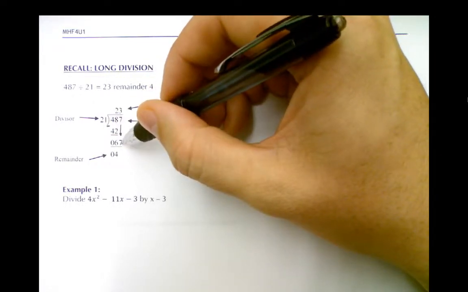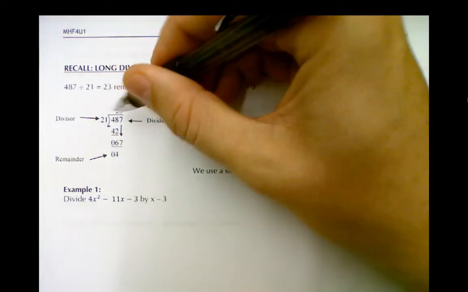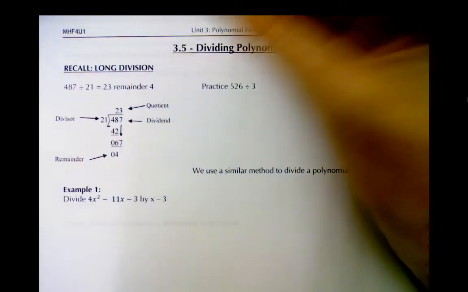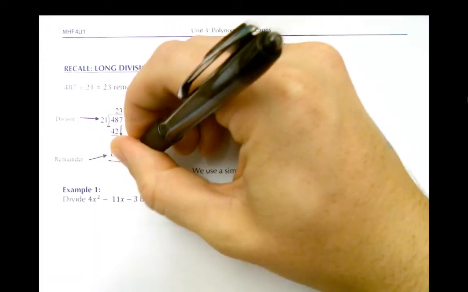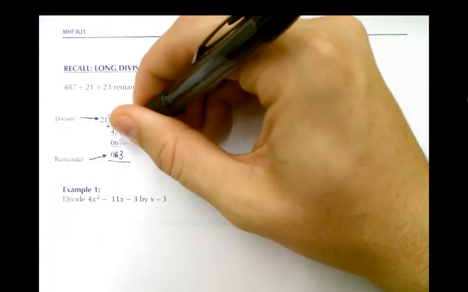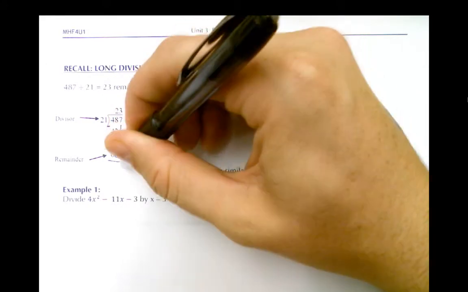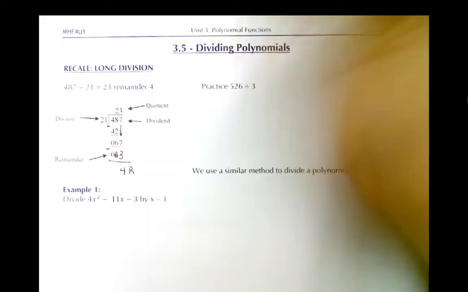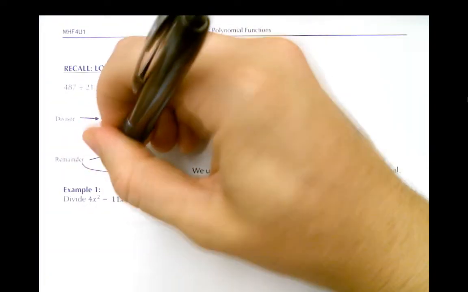Or can we divide 67 by 21? The answer again is yes, and it's 3 times. 3 times 21 gives us 63. Then subtract down the column. 67 minus 63 is 4. So we'd have a remainder of 4. I guess that arrow is drawn in the wrong spot. Ignore that.